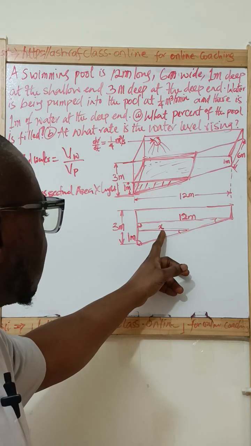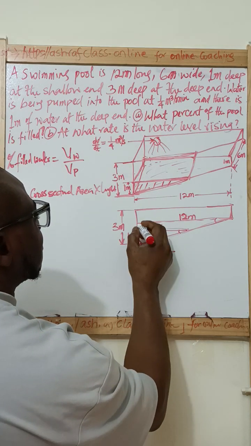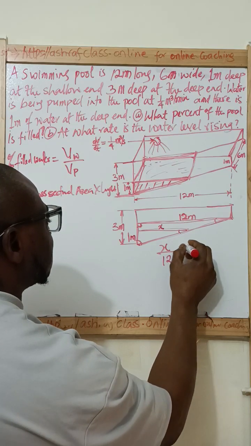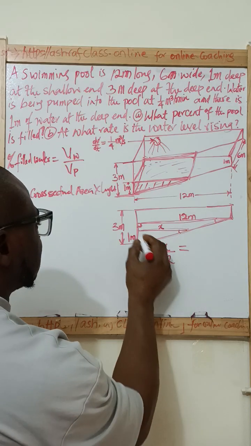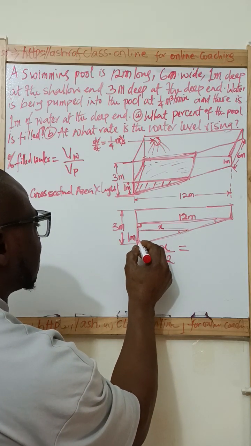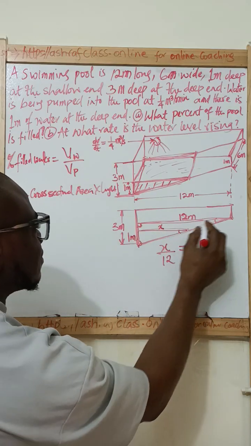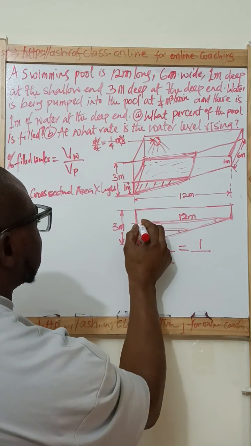If we label this side as x, then x over this particular side has the same correspondence as 1 over this side. Now, what is the side for this one?